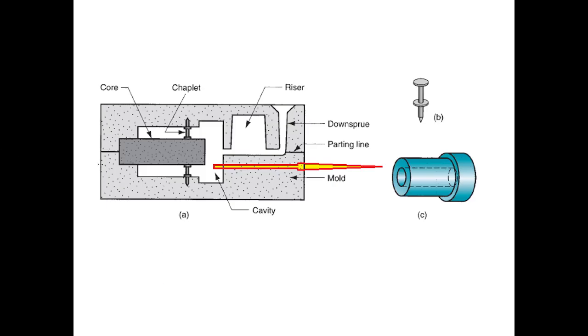Okay then, if the cast has interior features and at the casting stage at least some of them are to be created, then it is necessary to use cores.